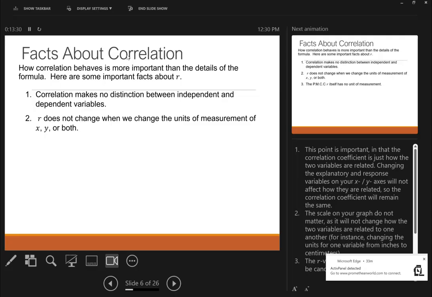Okay? All right. The R statistic has no unit attached to it. It's just a number. It's not hours of sleep or GPA units or GPA per hours of sleep or anything like that. It is strictly no unit at all.